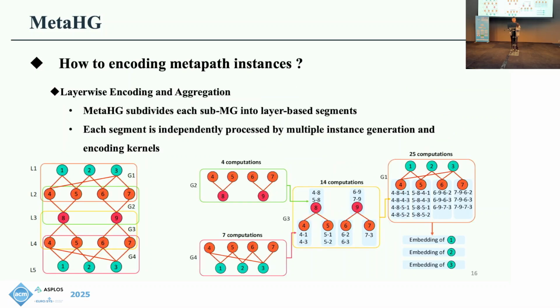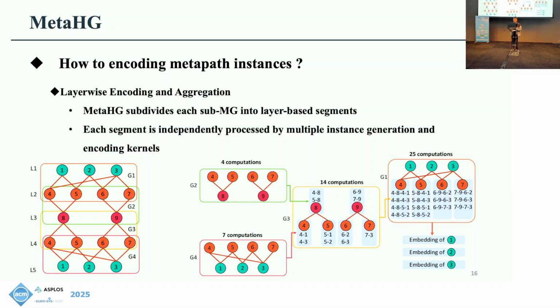And then, how to encode a Metapath instance based on the Metapath graph. The naive method is just traversing the Metapath graph to get the Metapath instance and encoding. But such a method is still time-consuming. We therefore present a layer-wise encoding and aggregation method based on the characteristics of the Metapath graph. It first divides each sub-MG into layer-based segments.